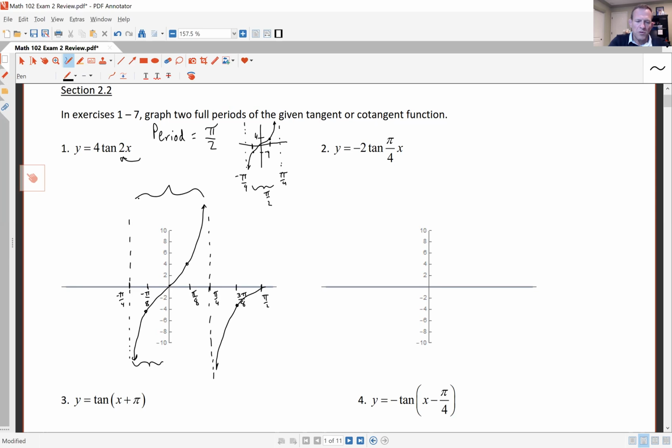Now we're going to take this full graph again and shift it to the left. Negative pi over 8, negative 2 pi over 8, negative 3 pi over 8, and negative 4 pi over 8. And it's going to be this portion of the graph that gets moved over to it. So remember, halfway between it goes up to 4. And there's the graph of 2 full periods of 4 tangent 2x.